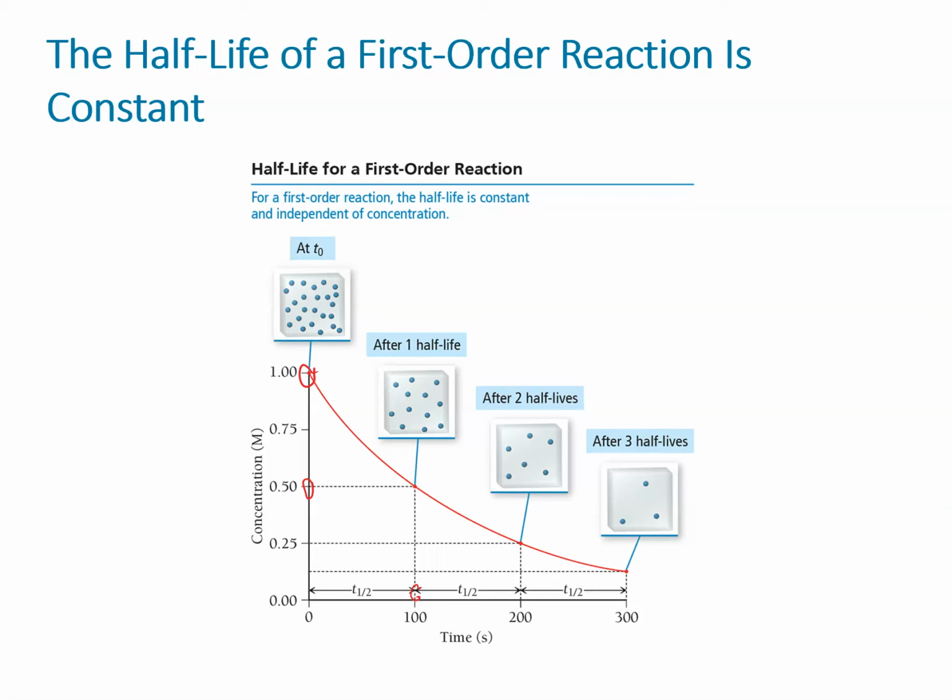If we give it another 100 seconds of reaction, it will have consumed another 50%, making the new concentration 0.25. If we gave it another 100 seconds, we would consume another half again, and that would be 0.125, and so on after 3 half-lives. So you can basically put things in sequence to see how many half-lives it takes to get to any particular concentration.